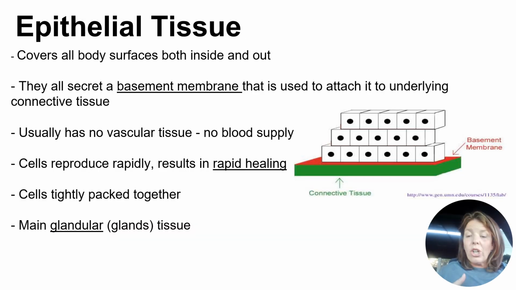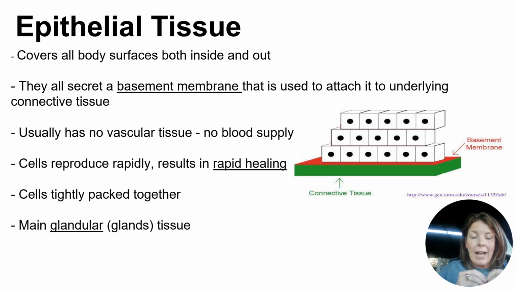As we take a look at epithelial tissue, all of these tissues have something called a basement membrane, and it sits on top of other tissue types. Perhaps it's the connective tissue that then adheres it to the muscle underneath. We'll get to examine all these tissue types when we get into dissection. But this one in particular, epithelial tissue, is avascular.